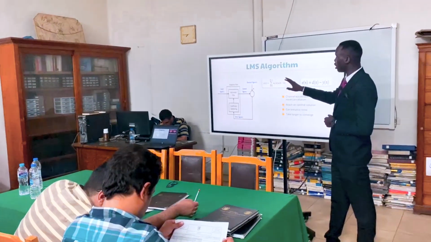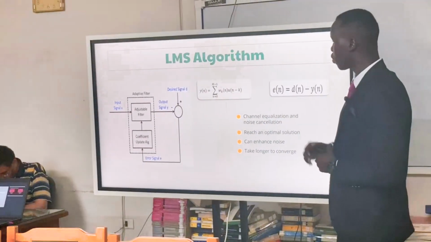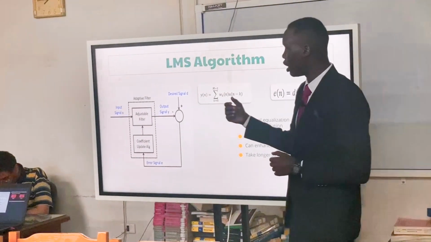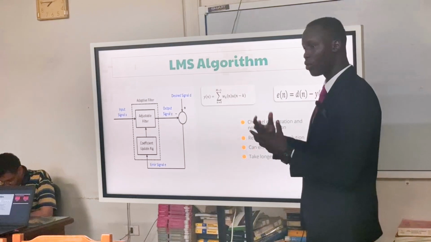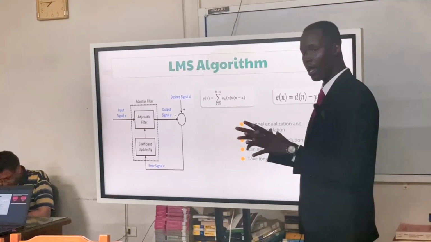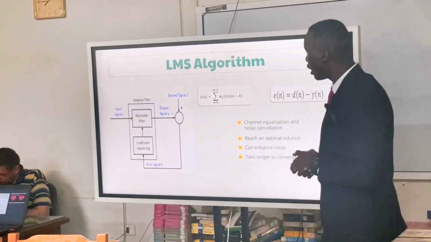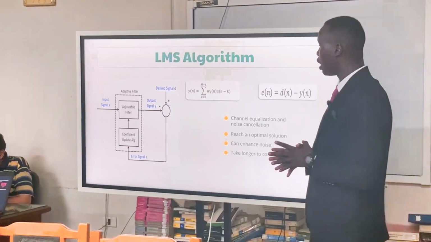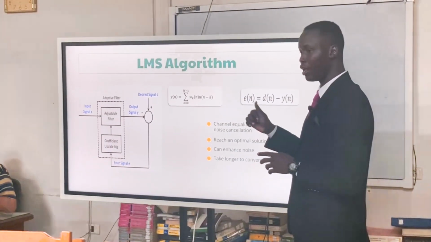In this first part, we'll only talk about the least mean square. The least mean square tries to estimate the channel and noise parameters, and iteratively updates them.